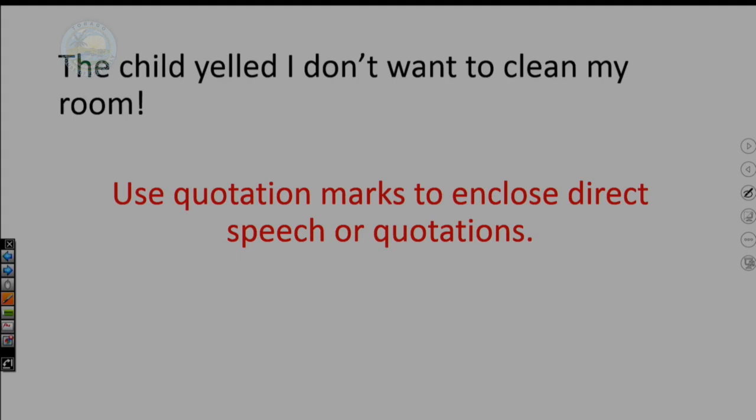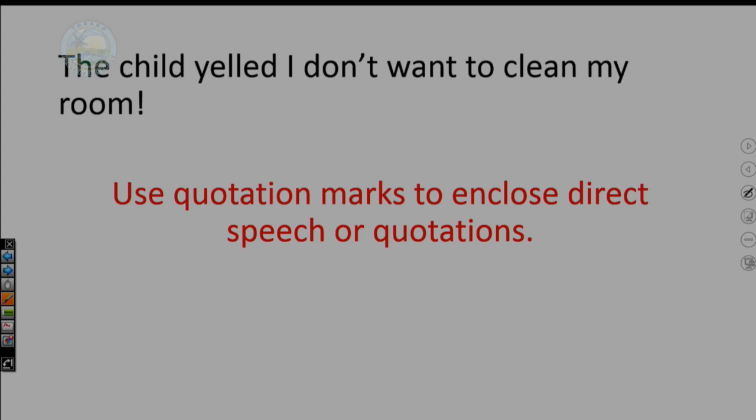Or did the child say, "I don't want to clean my room"? Okay, yes, the child said, "I don't want to clean my room." So we are going to put in the quotation marks starting with I and ending after the exclamation mark in room.